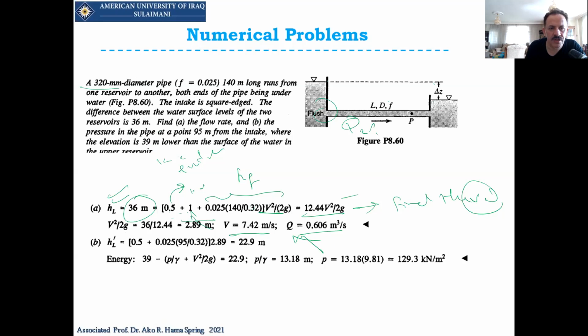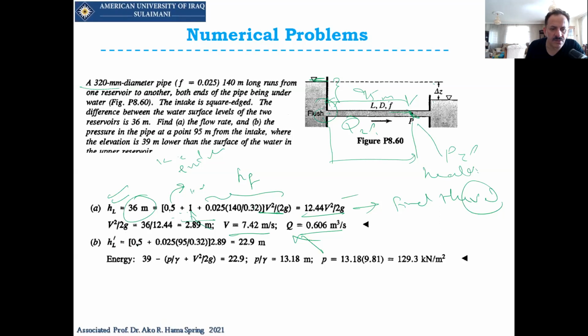For the pipe, the pressure in the pipe is at 0.95 kilometer from the intake, where the elevation is 39 meters. So at this point, I want to see how much the pressure is. To find the head here, you have to take 36 minus the head loss from here to there. The length to point P is 95 meters. It's not 140, it's 95.